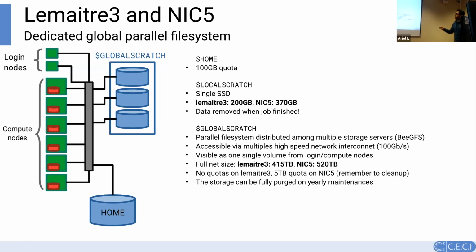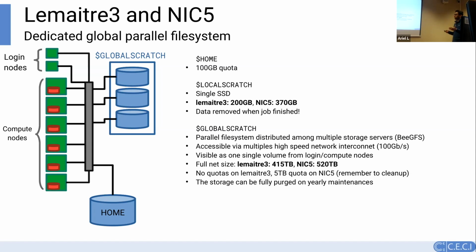In the case of these two clusters, the local scratch is quite small because, as mentioned in the documentation, these clusters are mainly targeted at big MPI jobs, big parallel multi-node jobs.